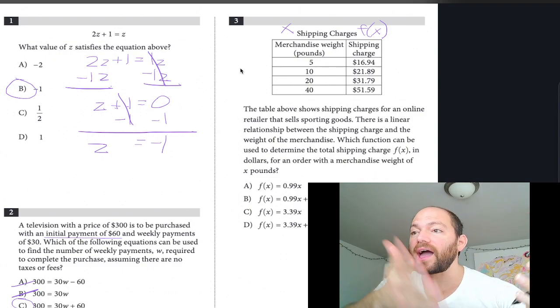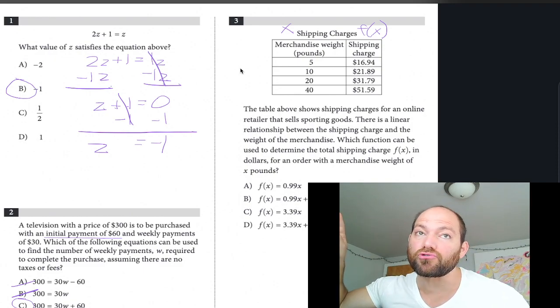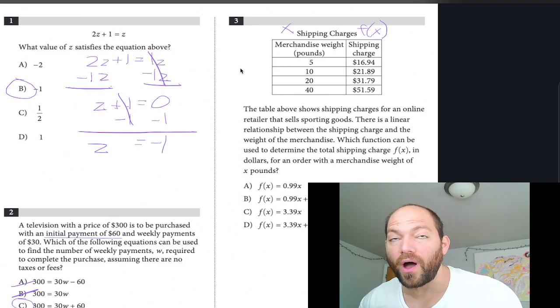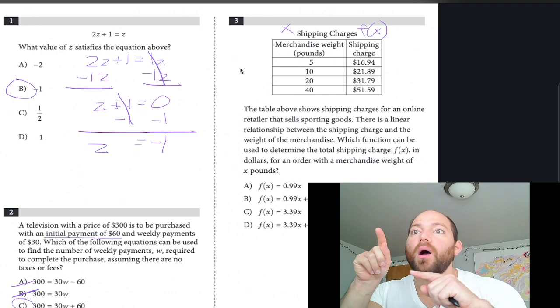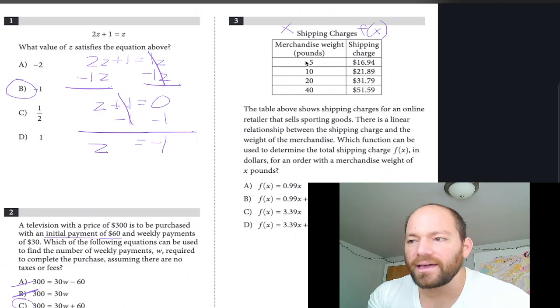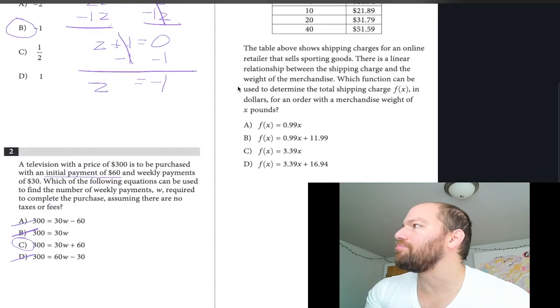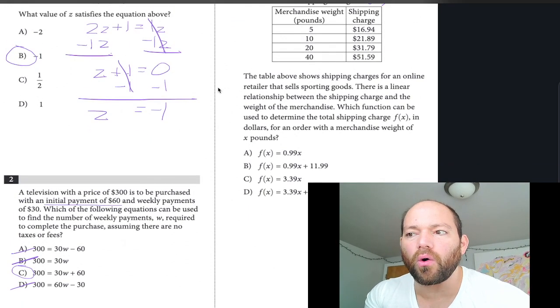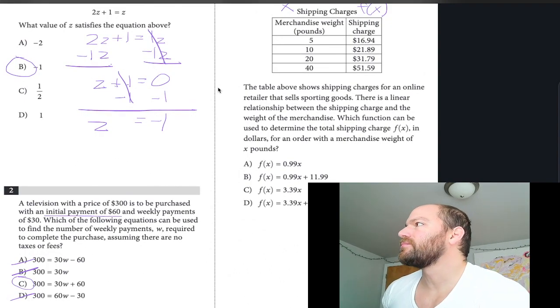Maybe they have a line on a graph, or a parabola on a graph, or some curve on a graph that you can pick points out of. Point is, we're going to pick values out of the data and plug them into the equation. That's always what we're going to do.